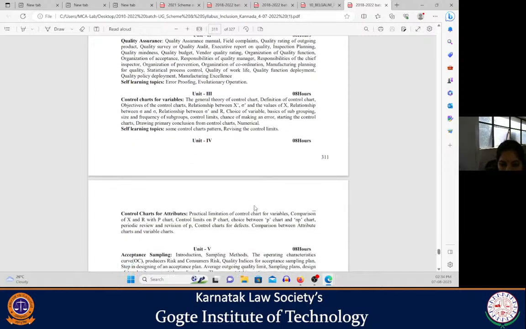The fourth unit is all about control charts for attributes. These plot count data, such as the number of defects or defective units. They don't tell you where the defect lies, but they give you data on how many defects there are per batch or per unit of product.